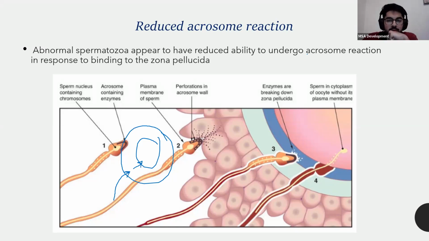So if for some reason we have a reduced acrosomal reaction or reduced function of these enzymes, the sperm is not going to be able to penetrate through the zona pellucida and reach the oocyte, and therefore fertilization is not going to happen. I believe we're going to learn more about the zona pellucida in the following lectures with the female physiology.